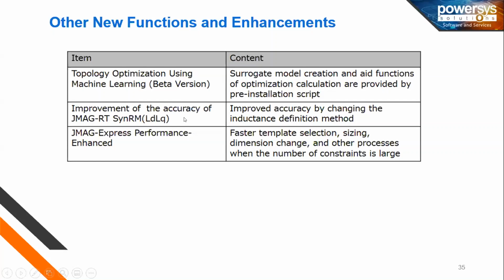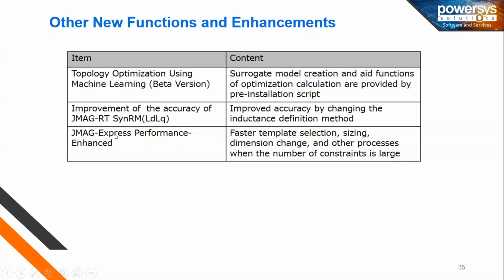And there is an improvement in the LD and LQ scenario. Previously in version 20.2 and earlier, the most inductive axis was taken as the D axis and the least inductive axis was taken as the Q axis. There was a contradiction in that, but in version 21 it is changed, so the accuracy is improved here.